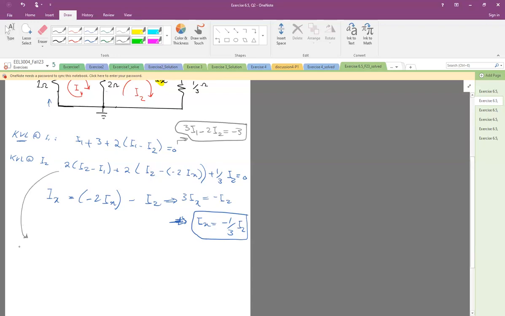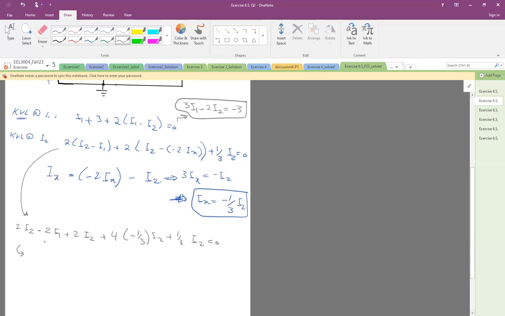So let me simplify it. 2I2 minus 2I1 plus 2I2 plus 2 times 4 Ix, but Ix is minus 1/3 of I2, plus 1/3 of I2 equals 0.